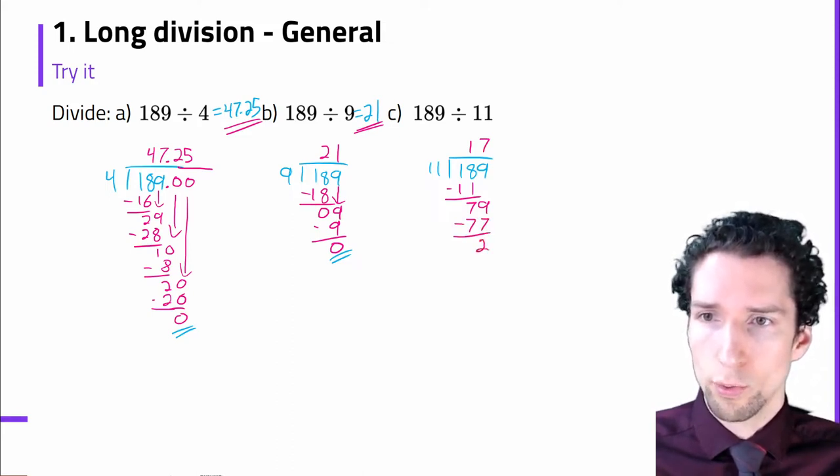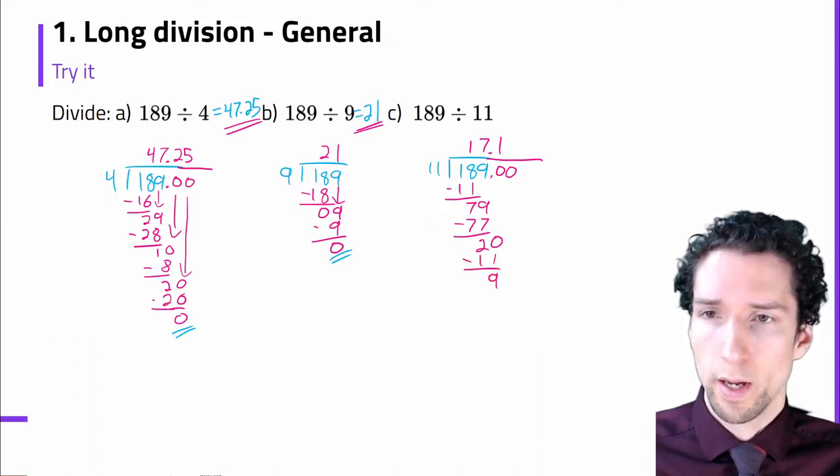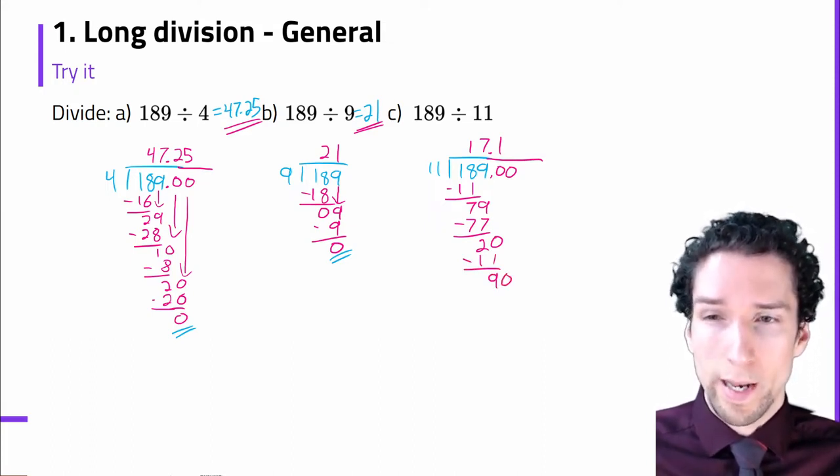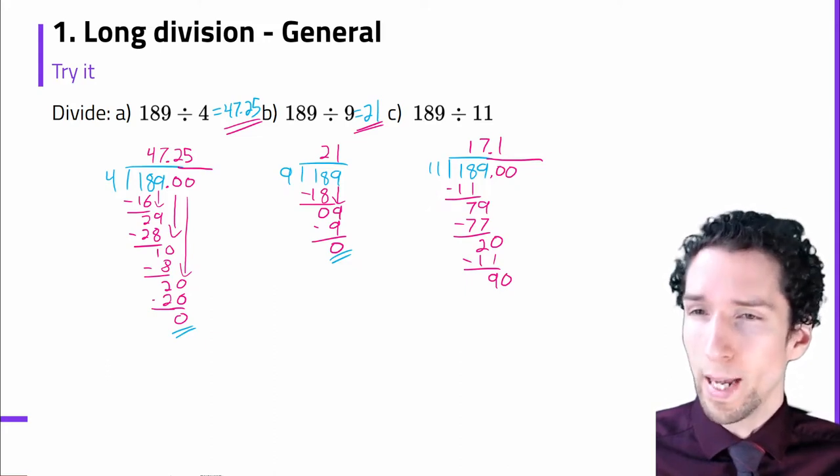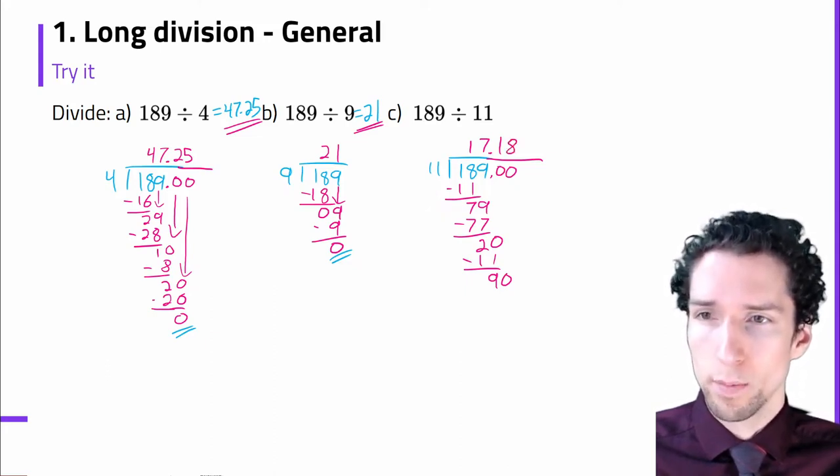And that's a 2. All right, gonna need some decimals here. So 0, 11 into 20 will go in once. So 11, and that will give us 9. Bring down that 0, 11 into 90. Well, 11 times 8 would be 88, so 8 times there.